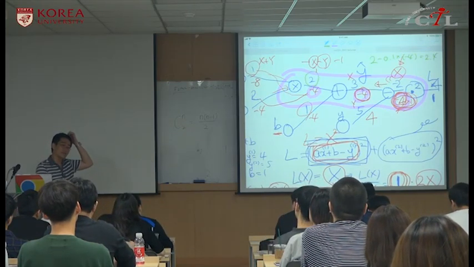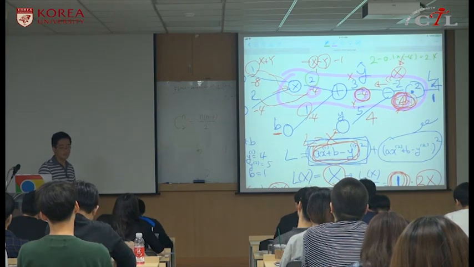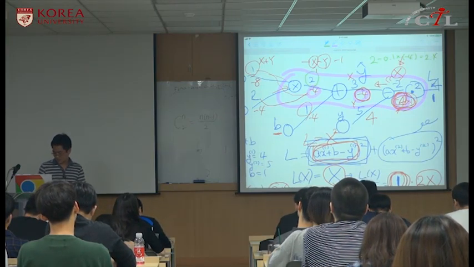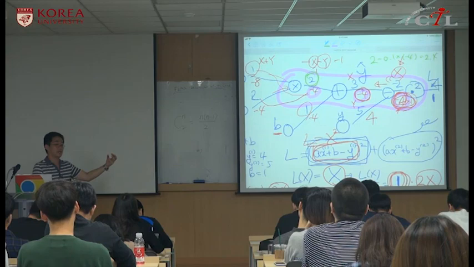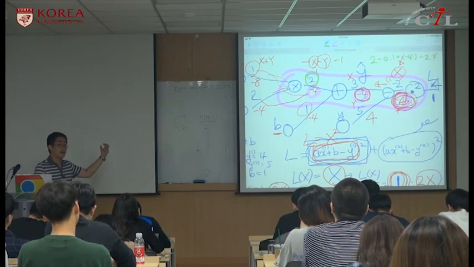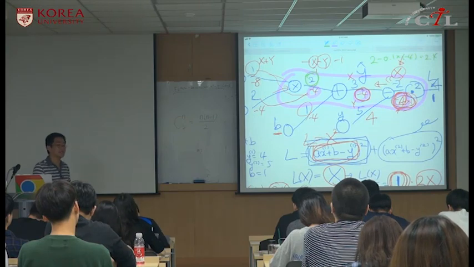But in this particular case, it doesn't make sense either, okay? Why does it not make sense? Because this intermediate node is not an independent variable, right? It is actually the output from other independent variables.